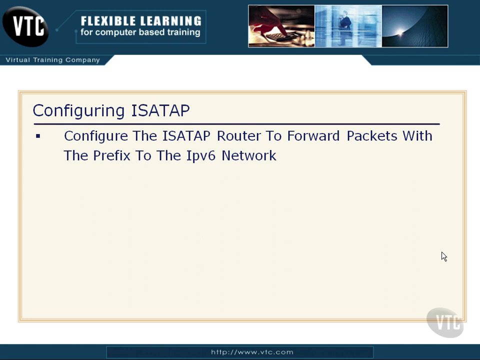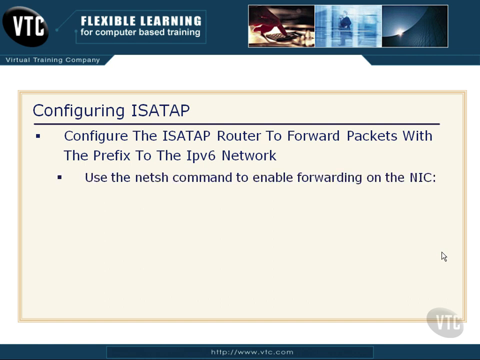Then I will configure the router to forward packets. Now, I've told it to begin to advertise itself. I've told it the prefix. Now I've got to tell the router to forward packets with that prefix to the IP version 6 network. Once again, I'll use the netsh command to enable forwarding on the NIC. Notice this is the network interface card that's in the machine, not the tunneling adapter.